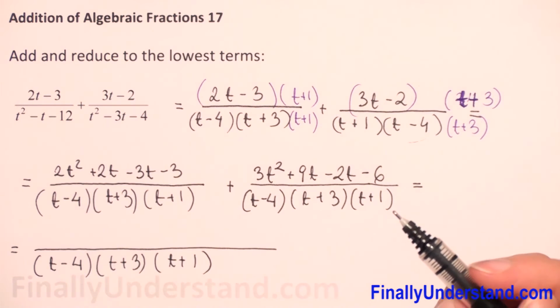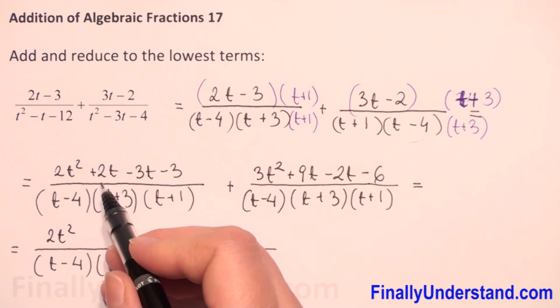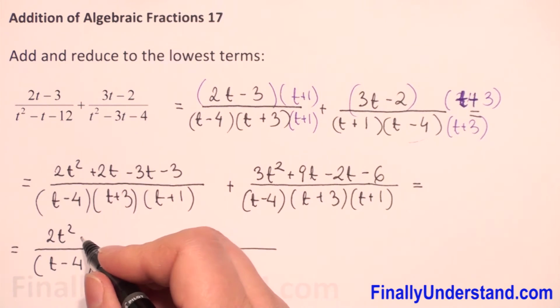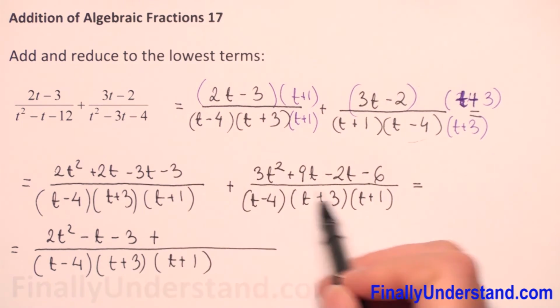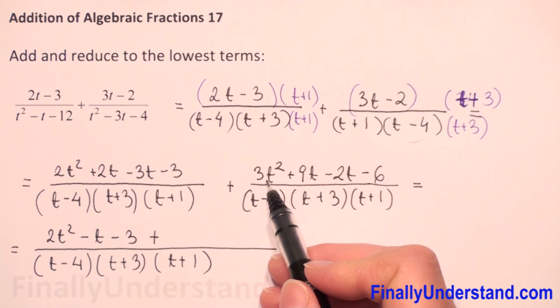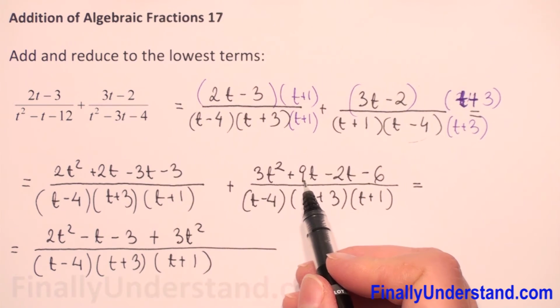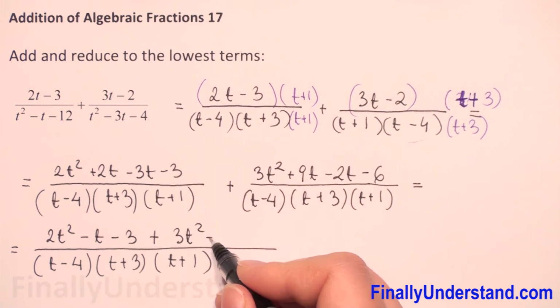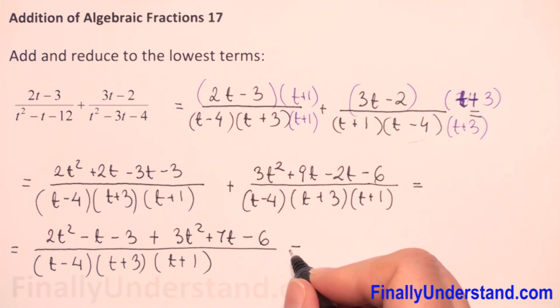And we will combine the like terms. We have 2t squared, 2t minus 3t is negative t, minus 3. And we have plus before this whole expression. And we have 3t squared, 9t minus 2t, so will be 7t, and negative 6 we have to copy.